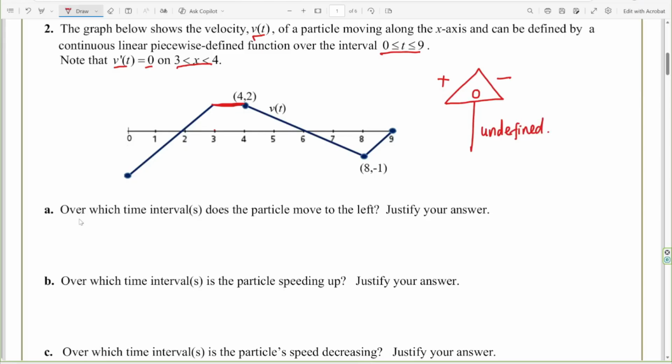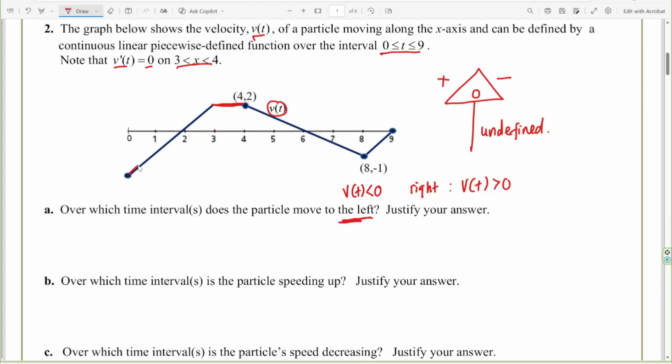Question A. Over which time intervals does the particle move to the left? So keep in mind, when the particle moves to the left, v of t must be less than 0. Move to the right, v of t must be greater than 0. Now, this is the function v of t. So v of t less than 0 means it's below the axis, right?